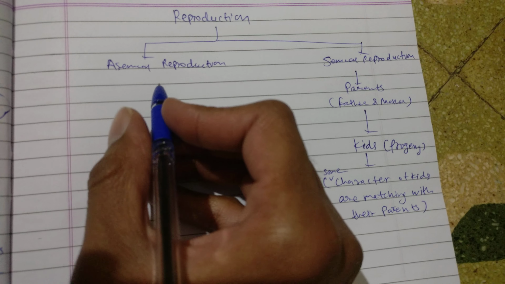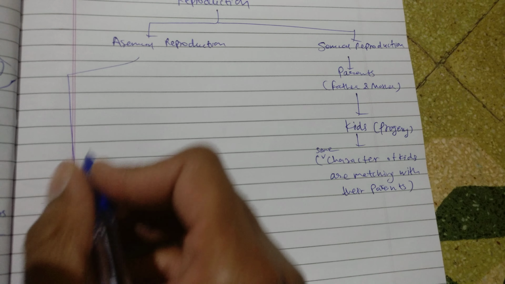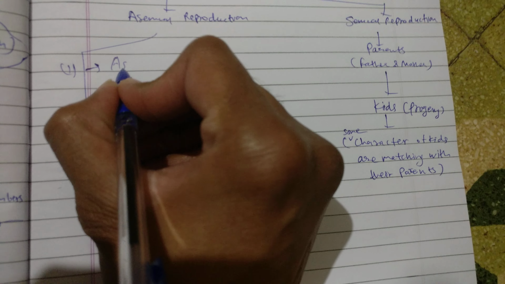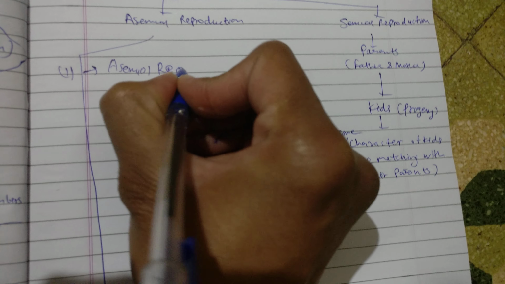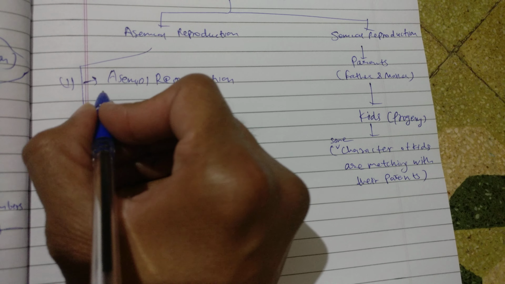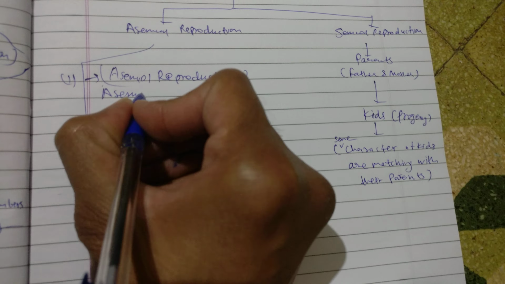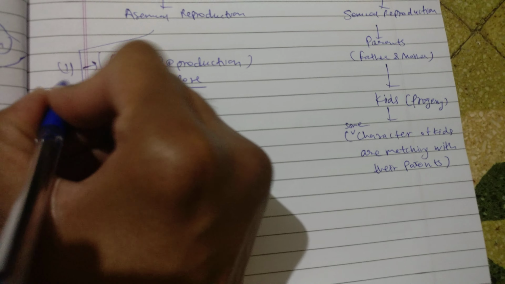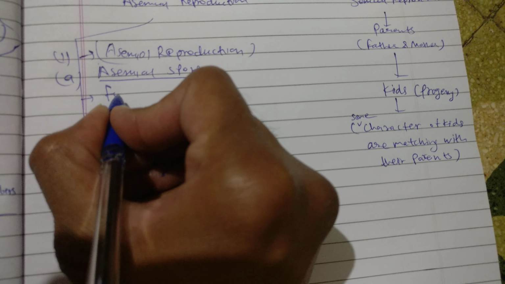In asexual reproduction, there are again various types. The first type we talk about is the asexual spore. This type of spore is found in fungi.